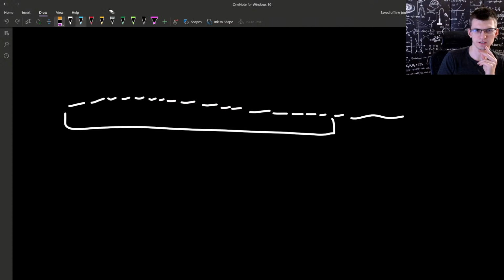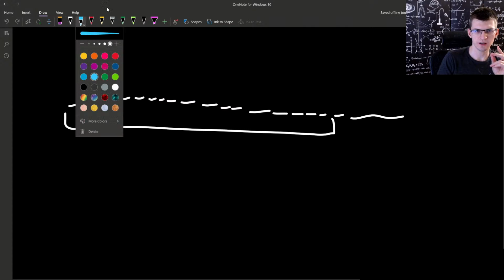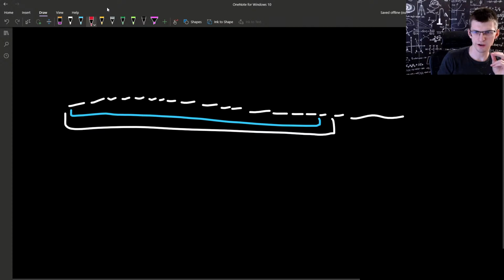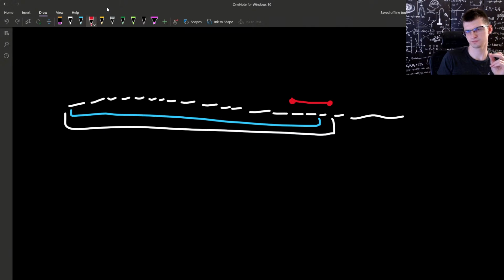I want to say that score for this white part is the same as score for this blue part, unless one red hole goes there. So dp of LR is the same as dp of L up to R minus 1. Or exactly this case.